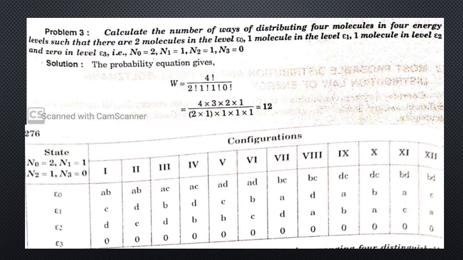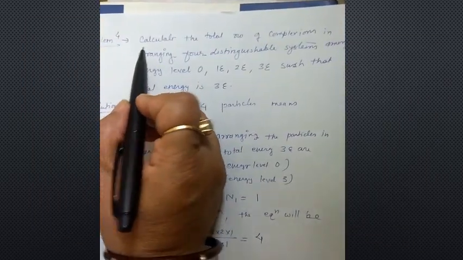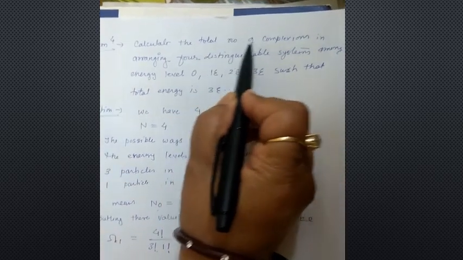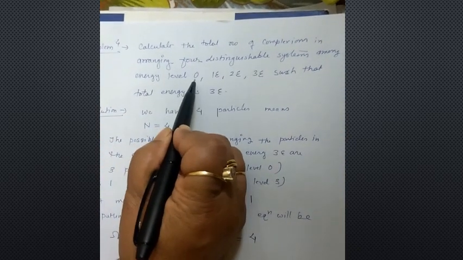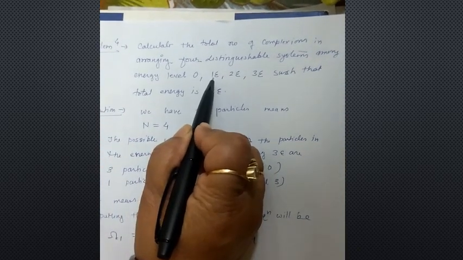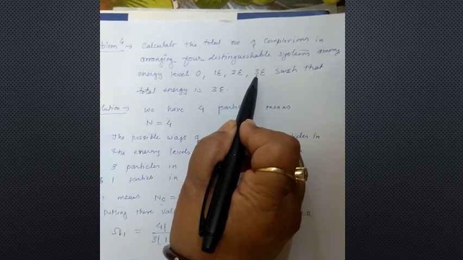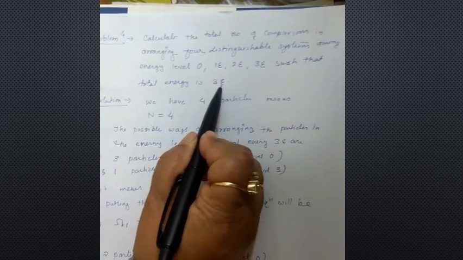The same result may be obtained by considering the following treatment. Here is one more problem: calculate the total number of complexions in arranging 4 distinguishable systems among energy level 0, energy level 1, 2 and 3 such that the total energy is 3E.